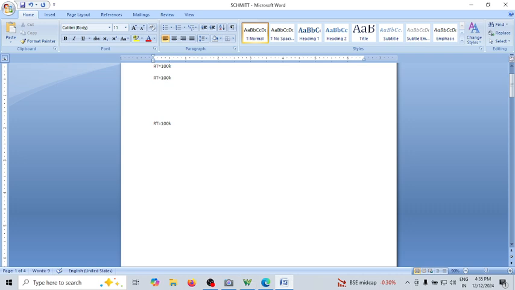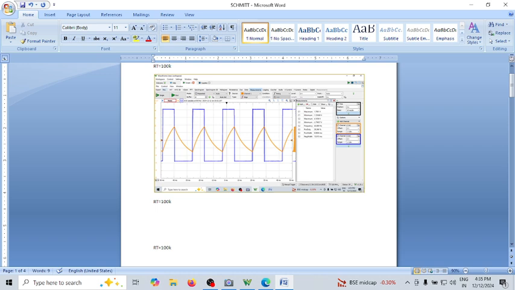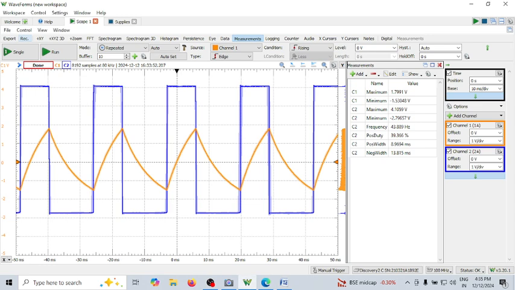Here you can see the values corresponding to 100K. This is VTH, this is VTL, and this is plus VSAT and minus VSAT, the frequency of the signal, the duty cycle, and the positive width and negative width, that is T on and T off. So these are all the timings for 100 kilo ohm as my RT.